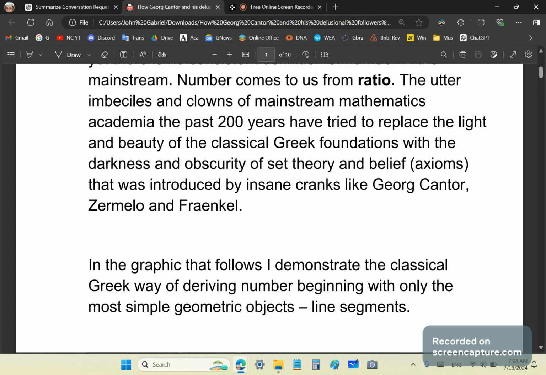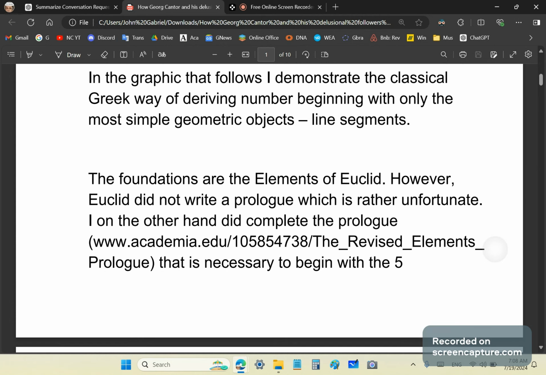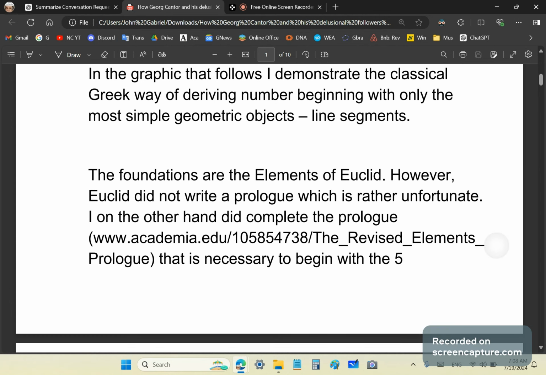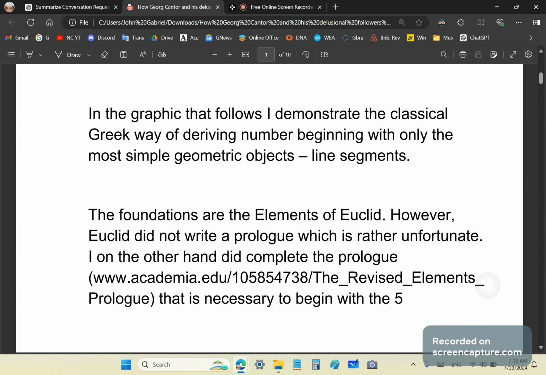So in the graphic that follows, I demonstrate the classical Greek way of deriving number, beginning with only the most simple geometric concepts, line segments. Now, you may say, well, where do line segments come from?